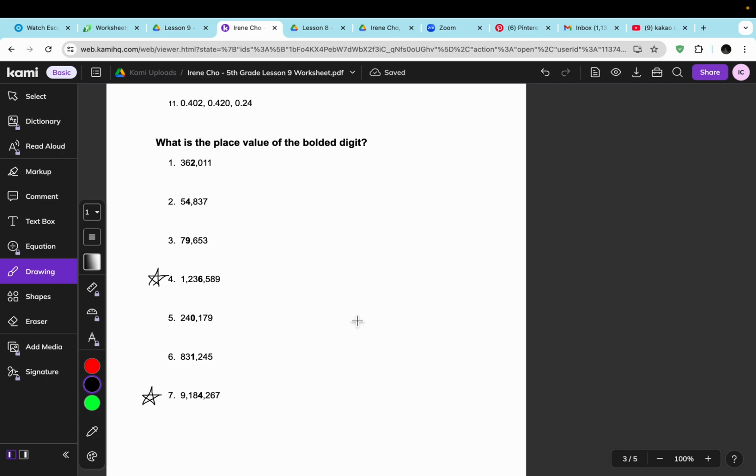Moving on, what is the place value of the bolded digit? This came up in earlier lessons. All we have to do is look at the number from the right and then move towards the left: ones, tens, hundreds, and thousands. So for number 4, the 6 is in the thousands place.